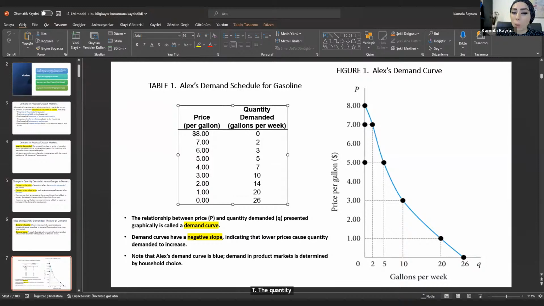Then when the price is 6 USD, the consumption level will go to 3 gallons. And the most important thing here: when I give it for free, it will go, of course, in a way that the lower the price, the more the consumption, but it also has a limit.